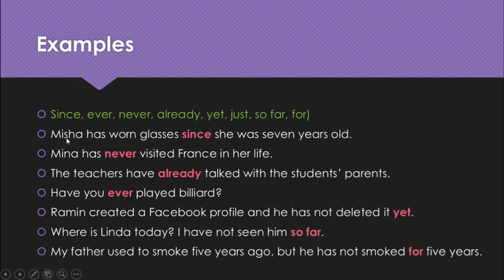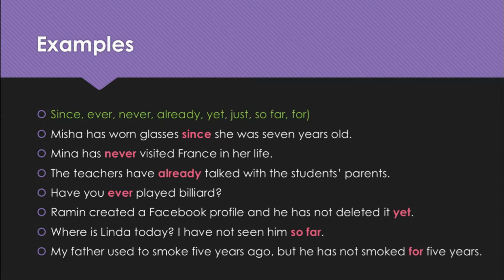I have used since here with present perfect. So my present perfect has a subject, has a verb in its past participle form, and the rest of the sentence, right? I am using since here, so I should have a specific time, and the specific time is since she was 7 years old. This is not a duration, it's a specific time, right?